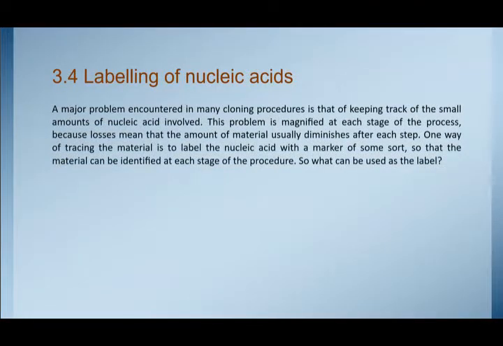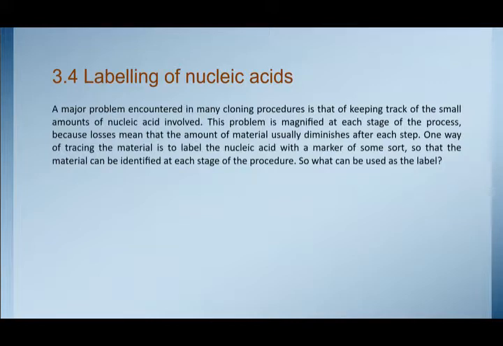A major problem encountered in many cloning procedures is that of keeping track of the small amounts of nucleic acid involved. This problem is magnified at each stage of the process because losses mean that the amount of material usually diminishes after each step.